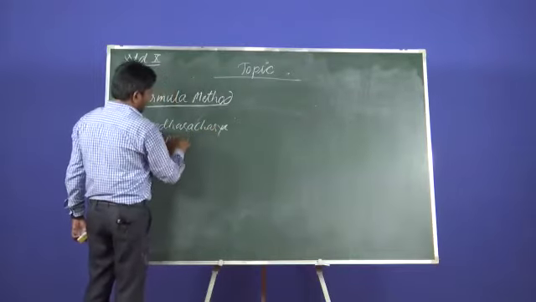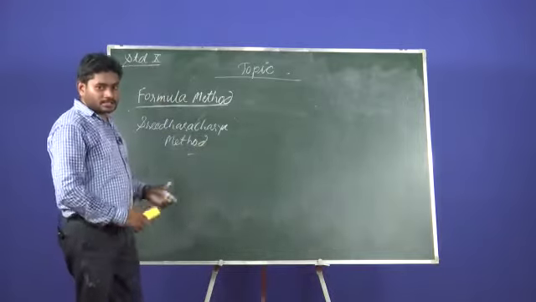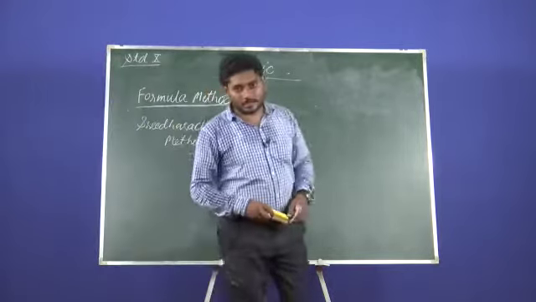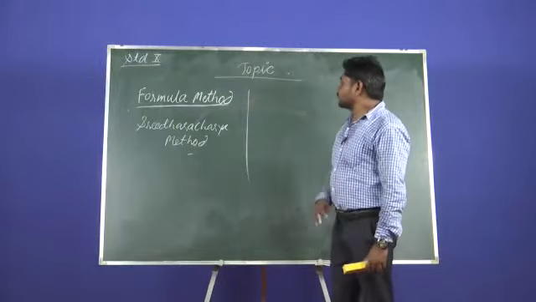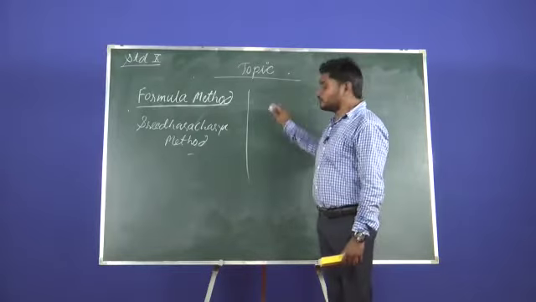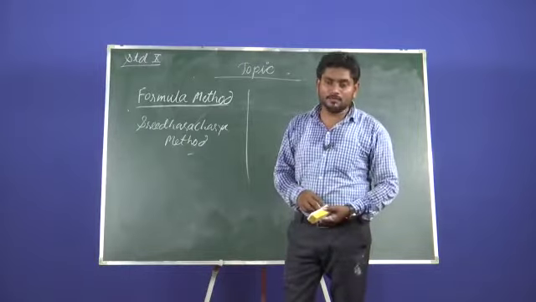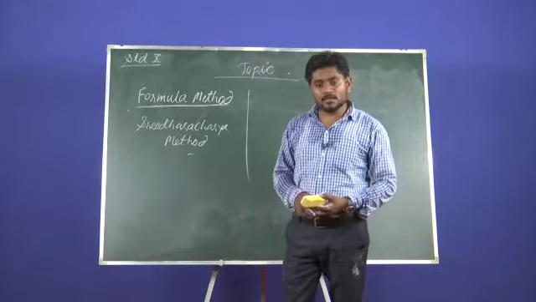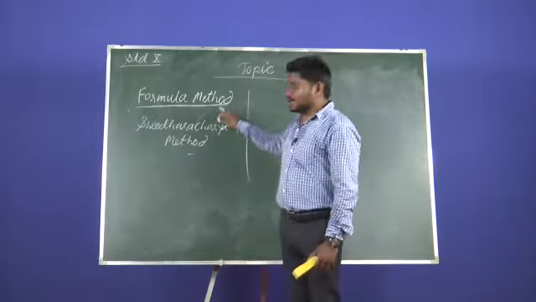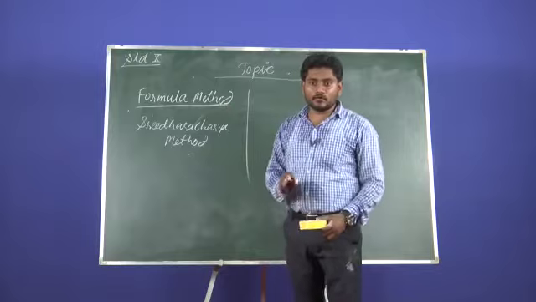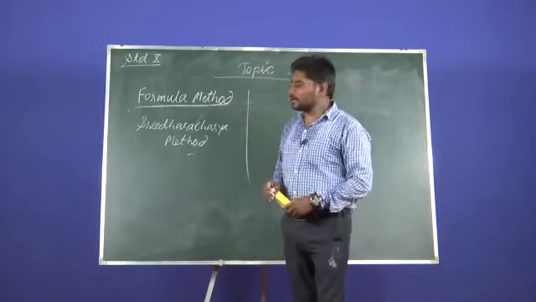It was derived by the Indian mathematician Sridharacharya, and that's why it is named in honor of Sridharacharya. When the factorization method is not applicable and the completing the square method is not applicable, then we apply the formula method. It means the formula method is applicable for any kind of quadratic equation.